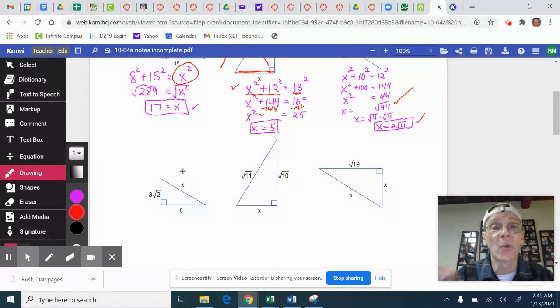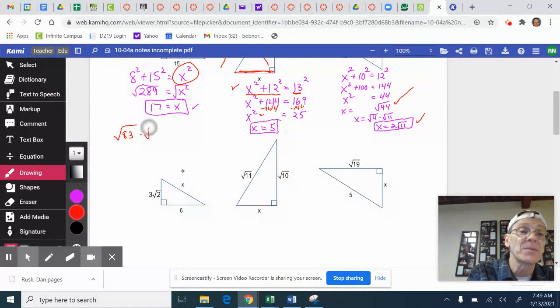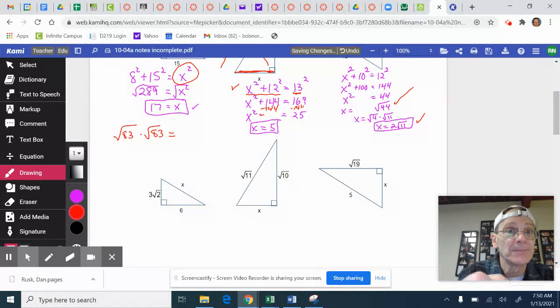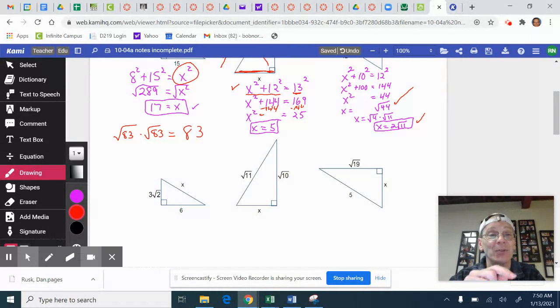You're going to have to square all of these expressions with roots in them. Let me just give you a quick example here. Remind you, the square root of 83 times the square root of 83 is, anybody? 83. You don't need a calculator for that, right? You don't need to reach for your calculator and do square root of 83 times square root of 83, or do 83 times 83, get some huge number, and then take the square root of that.